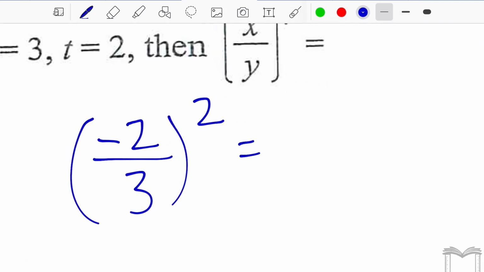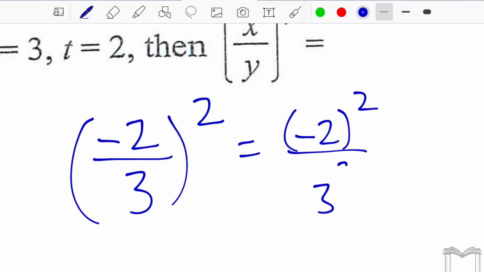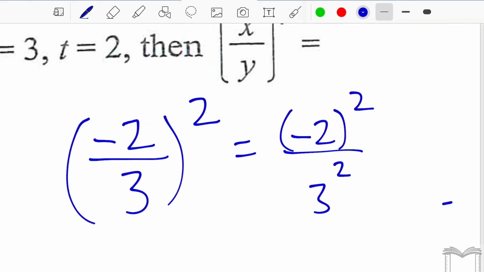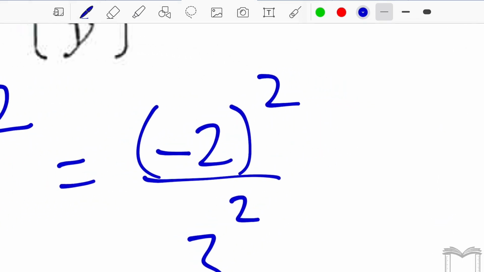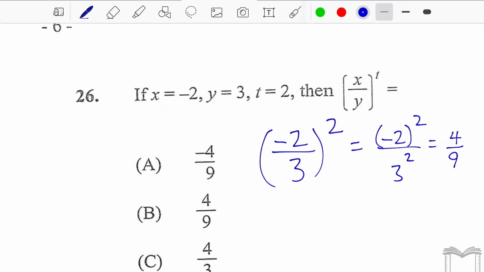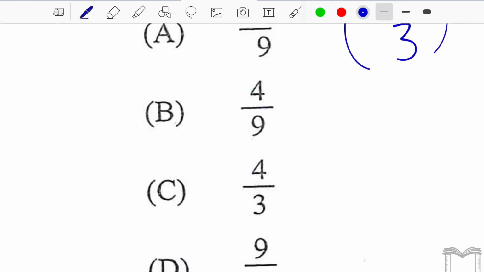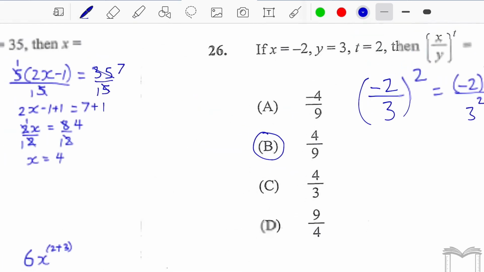So this can also be expressed as minus 2 squared over 3 squared. So that's an easier way that you can work it out. Minus 2 times minus 2 is 4, because a minus number by a minus number is a positive number. 3 squared is 9, so the answer is 4 over 9. So your answer is B.